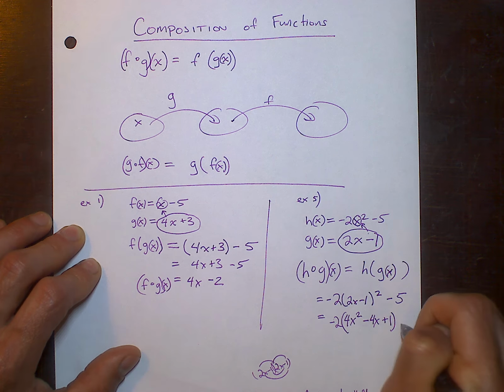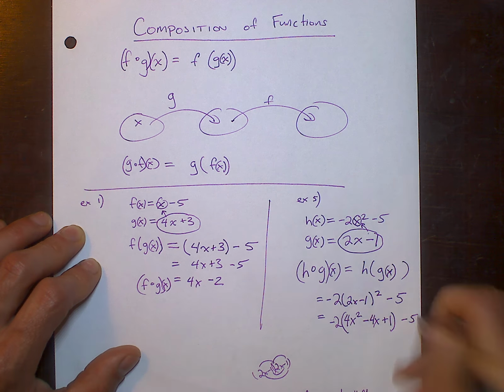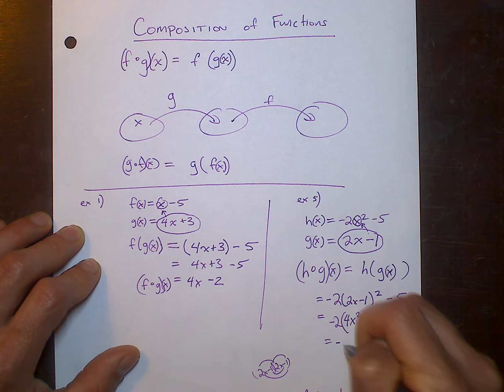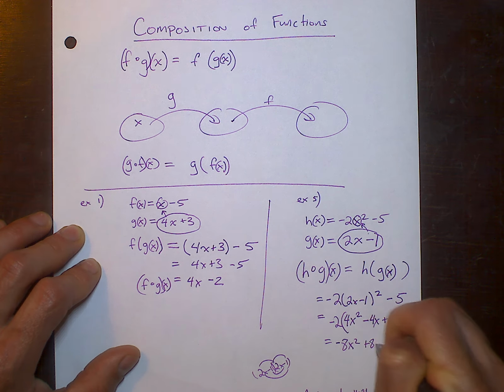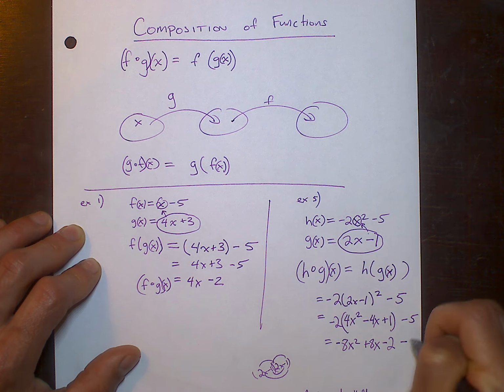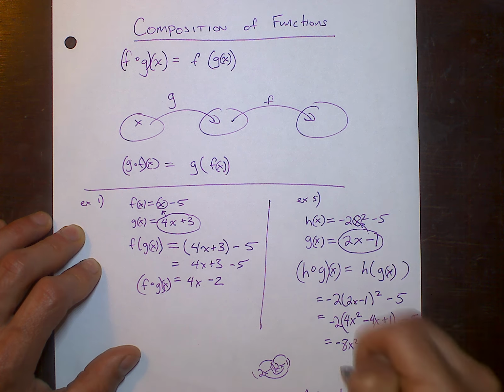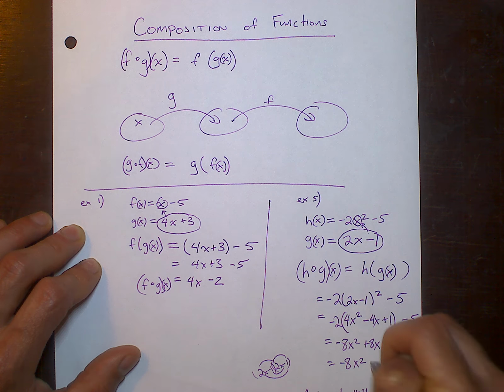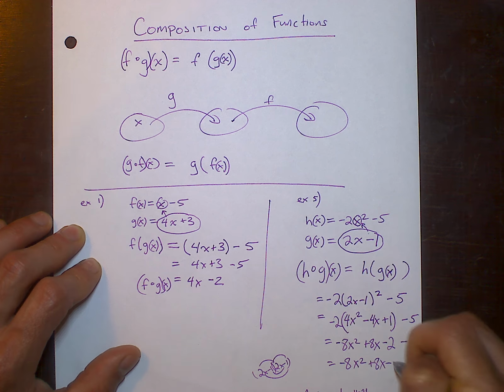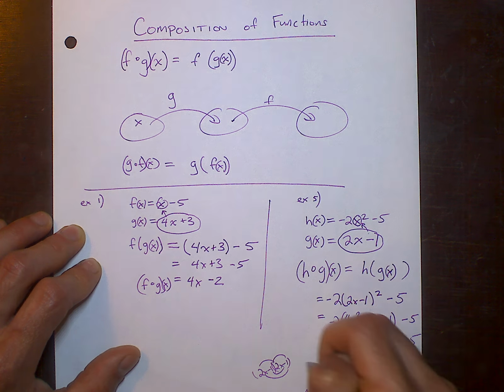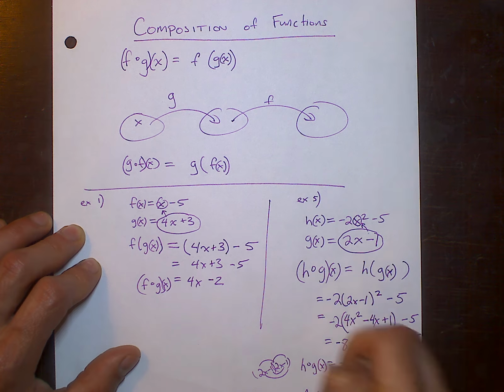I'll bring down the negative 2 being multiplied and the minus 5 on the outside. Negative 8x squared plus 8x, distributing the negative sign, minus 2 minus 5. The last step, combining like terms, negative 8x squared plus 8x minus 7. And there we have the composition of h of g of x.